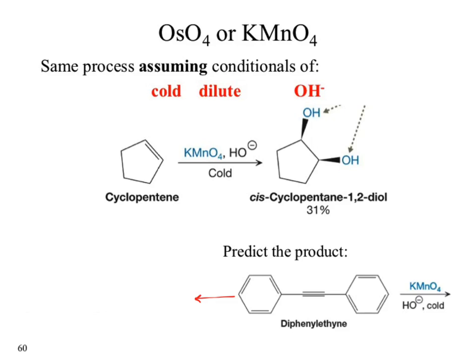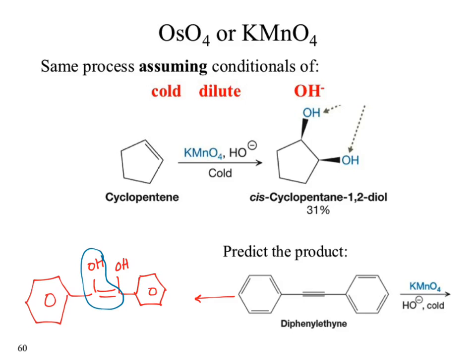Let's go through and evaluate. 1, 2. Our rings. I'm just going to draw circles. We would do our cis diol, right? What functional group is that? It's an enol. What ends up happening?